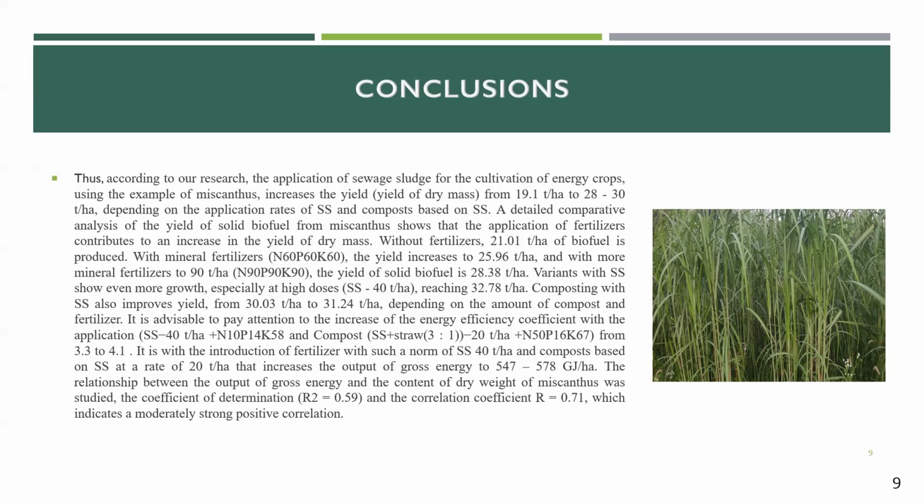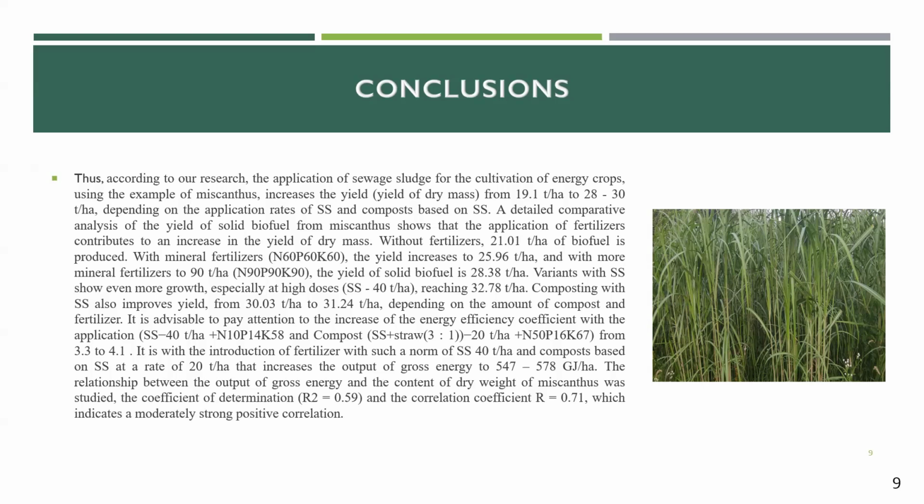Without fertilizers, 21.1 tons per hectare of biofuel is produced; with mineral fertilizers, the yield increases to 25.96 tons per hectare, and with more mineral fertilizers, up to 90 tons per hectare, the yield of solid biofuel is 28.38 tons per hectare, whereas with CC there is even more growth, especially at high doses, reaching 32.78 tons per hectare.